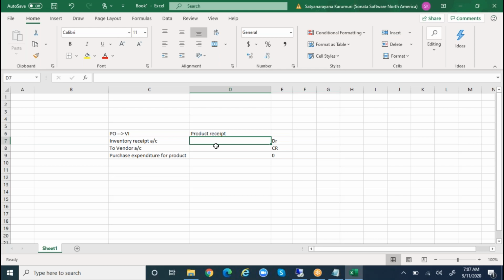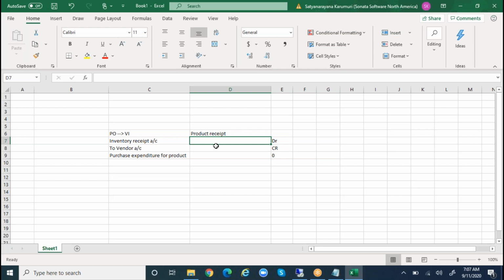Now, suppose take the example, today it is 30th of September. On 29th September and 30th September, I have received 5 lakhs worth of material.